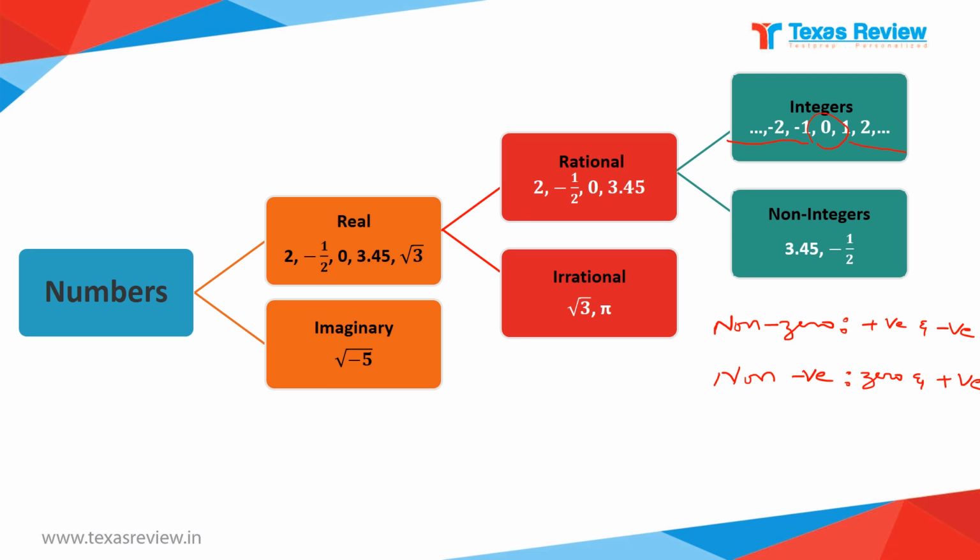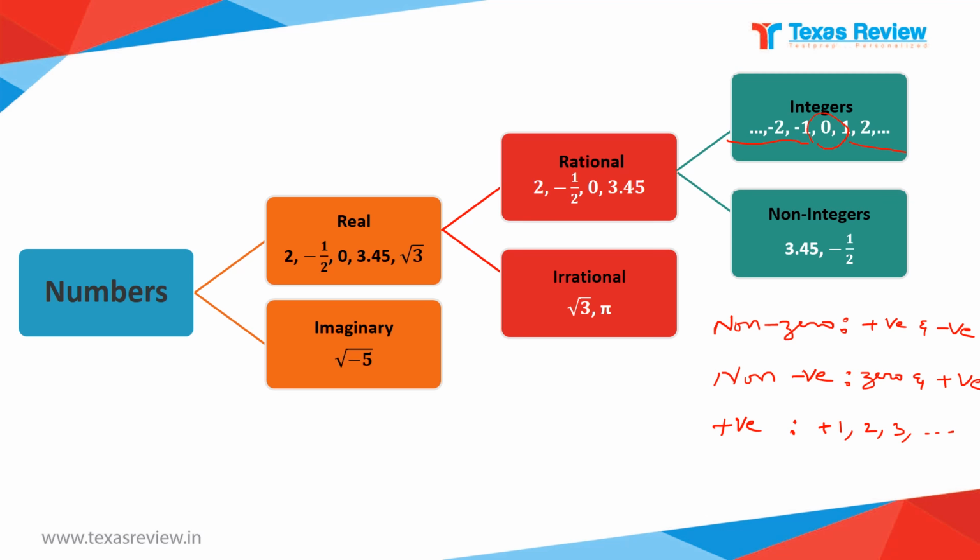If the problem talks about positive integers, we are not supposed to consider 0. We need to consider only 1, 2, 3, and so on, because 0 is neither positive nor negative.